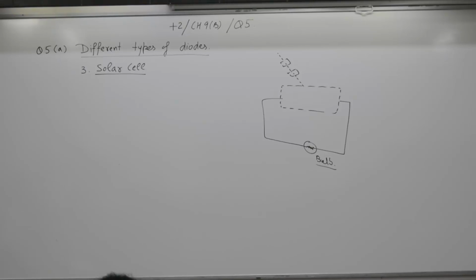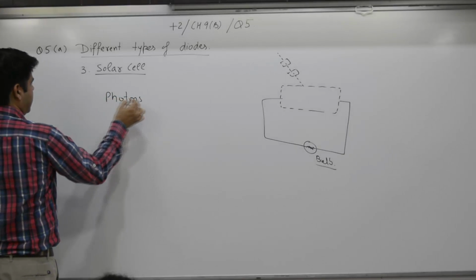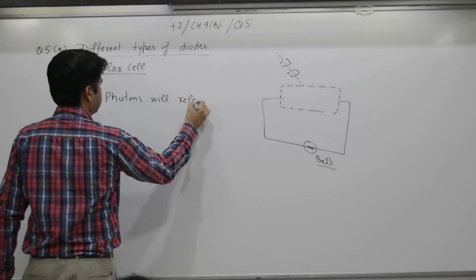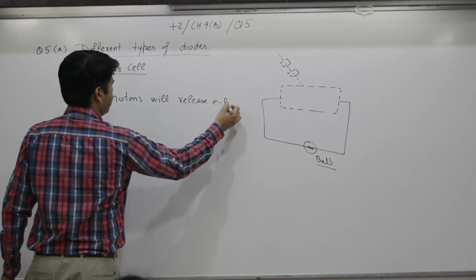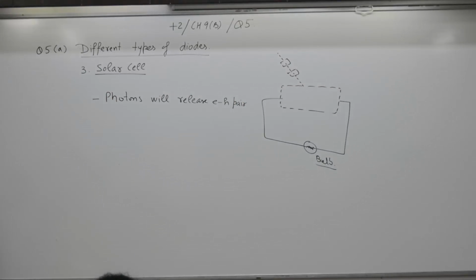As light falls, electron-hole pairs are generated. That means what? Photons will release electron-hole pairs. The electric field of the depletion layer, a small voltage already there across the depletion layer, forces electrons to the N side and holes to the P side.